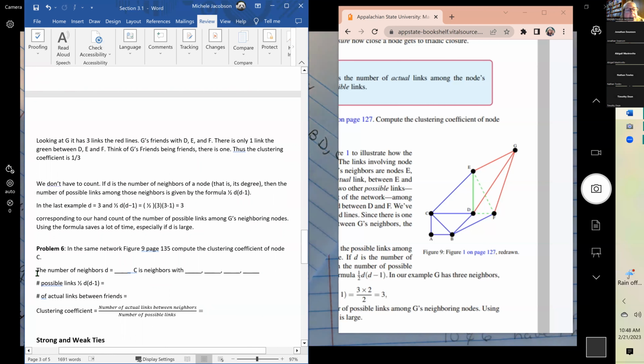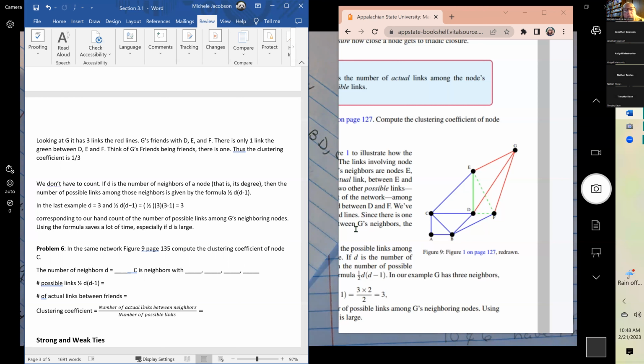So if we look at C here, what's the number of neighbors that C has? 2? Oh, no, 3. What you want to do is look at the number of links that leave it.